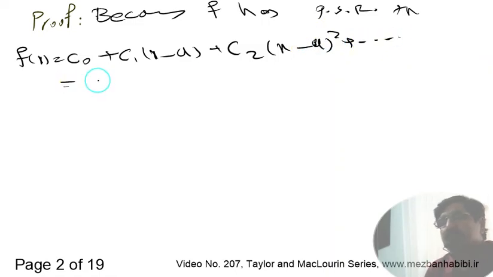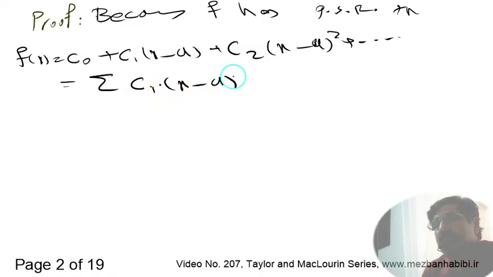That is, the sum of ci times x minus a to the power of i, from 0 to infinity.